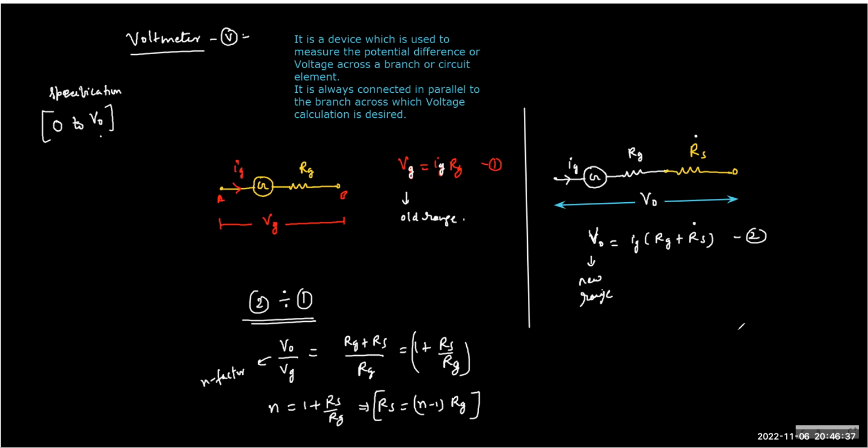But what remains the same in both cases? IG and RG, isn't it? So this is the concept that you have to use. If you have understood, you can think once again.